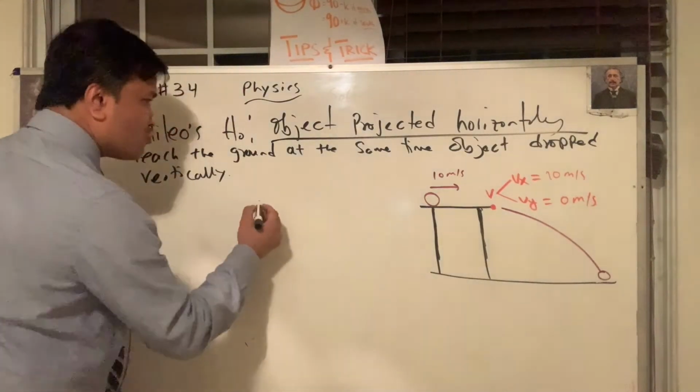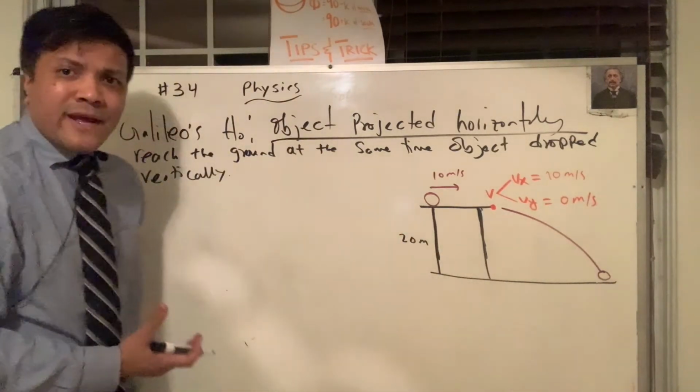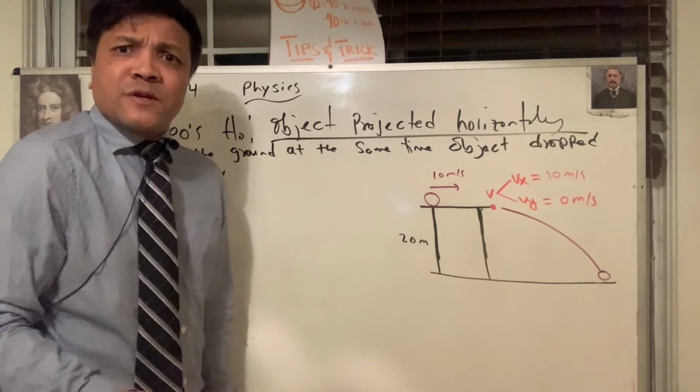So what happens if you drop an object from 20 meters? The table is 20 meters. What happens when you drop an object from 20 meters above the ground?